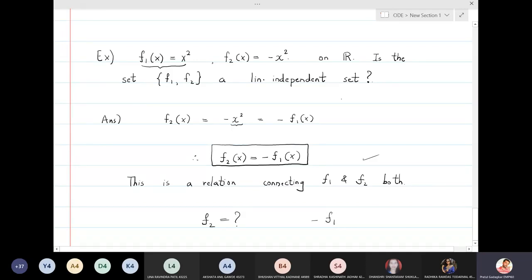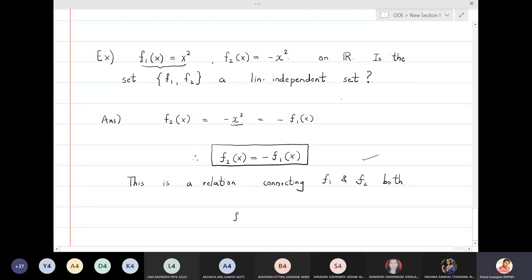That is, f2 depends on f1. Why? Because how much should the value of f2 be? It is determined by f1. If f1 is 5, then f2 will be minus 5. So the value of f2 depends on the value of f1. This means that f1 and f2 are dependent on each other.